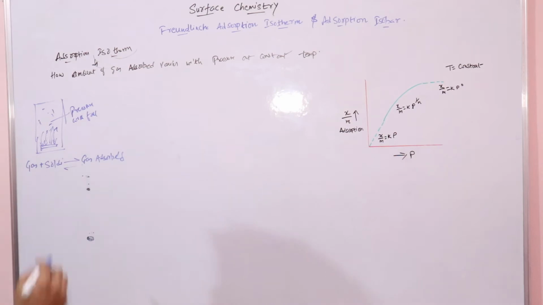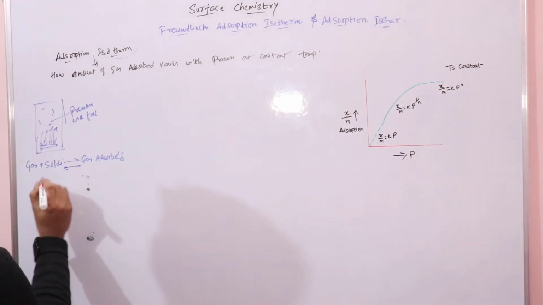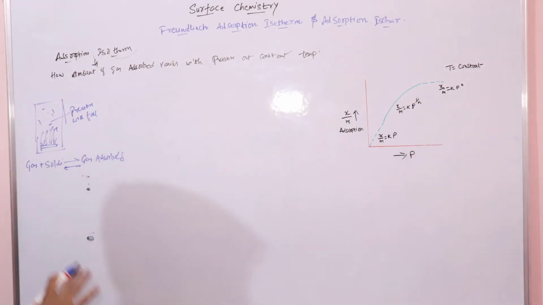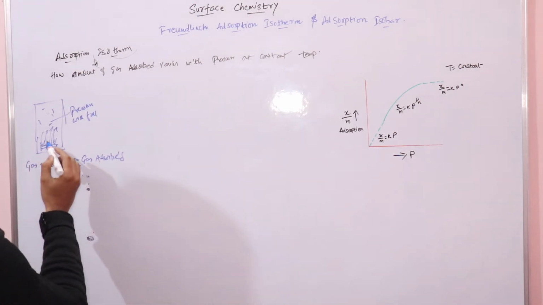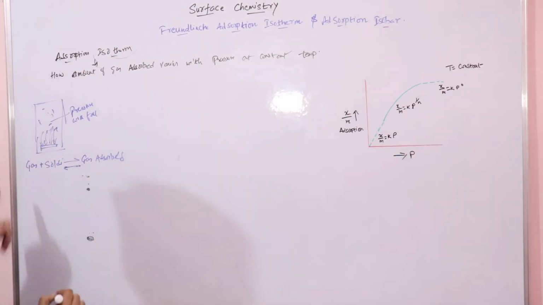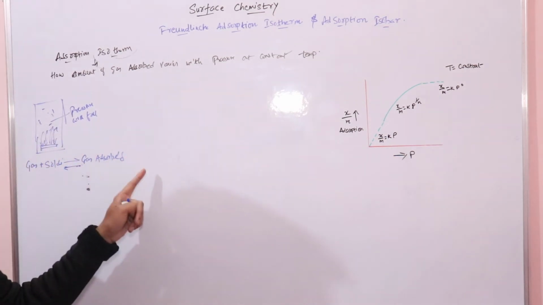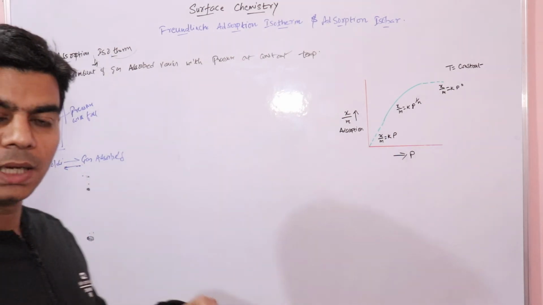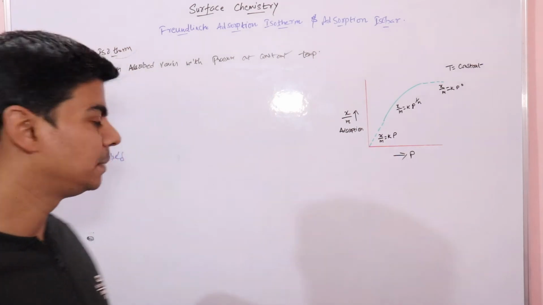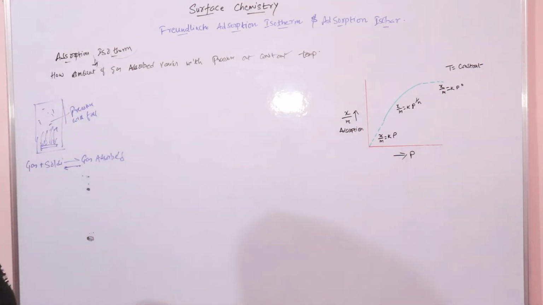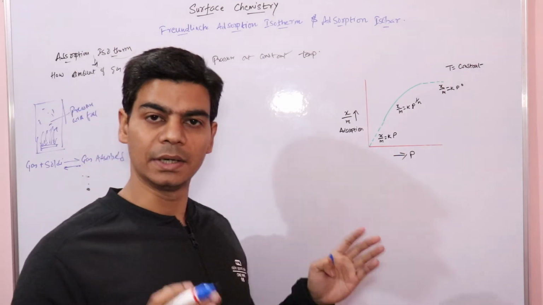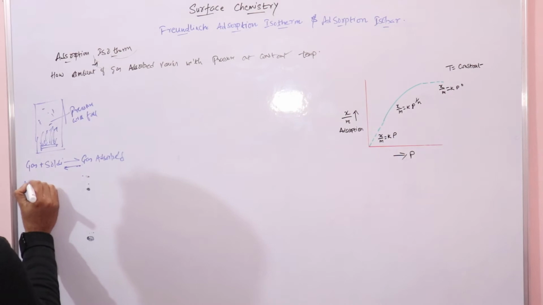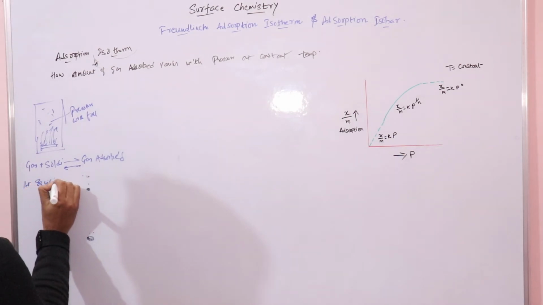And since both the processes are taking place, adsorption and desorption, at one point the amount of gas that gets adsorbed on the surface will become equal to the amount of gas that leaves the surface, that is, desorption takes place. Then at that point we say that equilibrium has been attained in the process of adsorption, right? So at equilibrium we will see the amount of gas adsorbed and pressure at equilibrium.